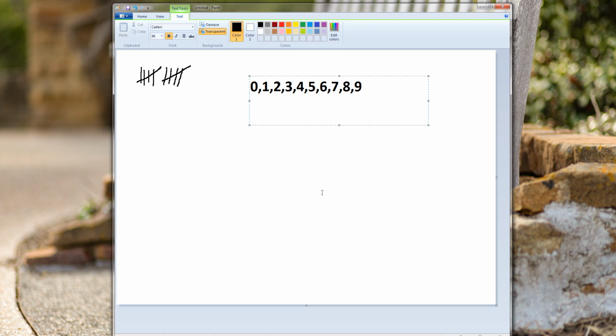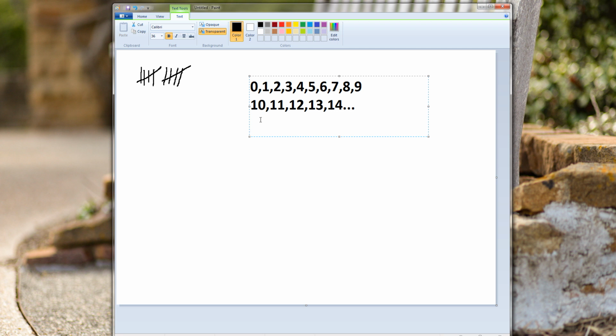At that point, we start counting a second group of 10, and that starts with the number 10. And then we count 11, 12, 13, 14, and we understand that it keeps going from there, like that.